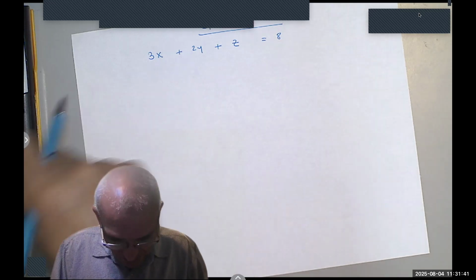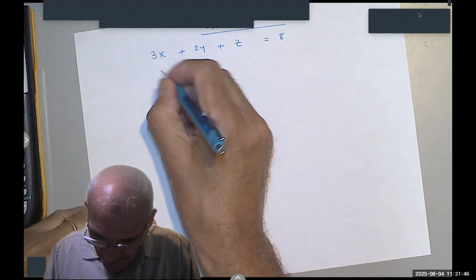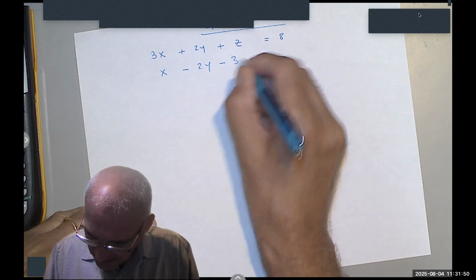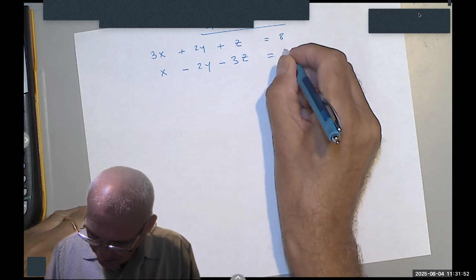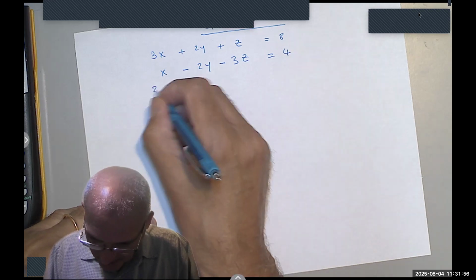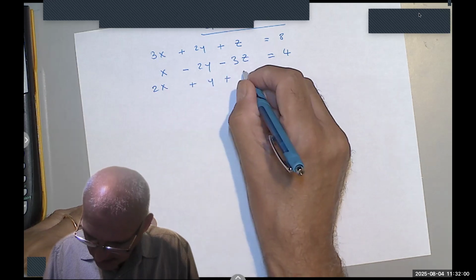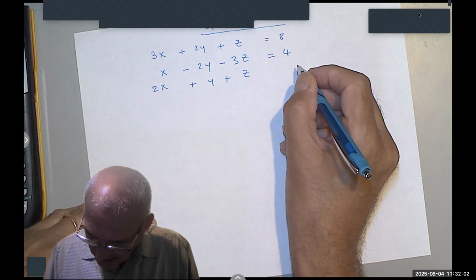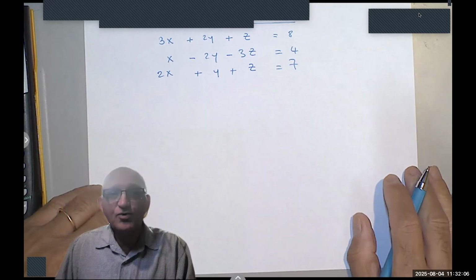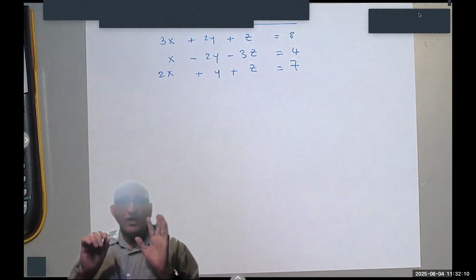Next, x minus 2y minus 3z equals 4. And finally, 2x plus y plus z equals 7. Okay, so let's assume we have these three equations and we want to solve for x, y, and z.